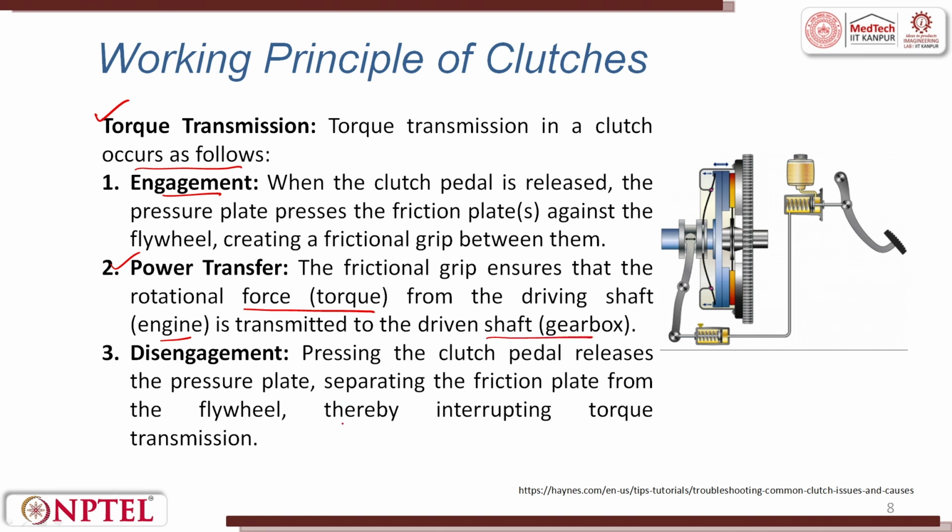It is how the power transfer happens. Disengagement is when pressing the clutch pedal releases the pressure plate, separating the friction plate from the flywheel, thereby interrupting the torque transmission, and this allows the driver to change the gear.